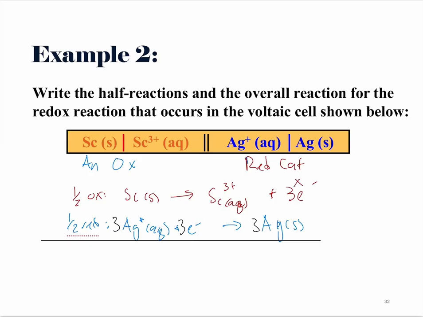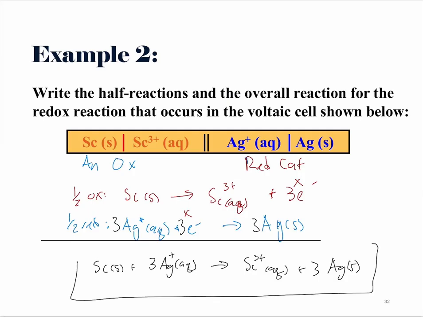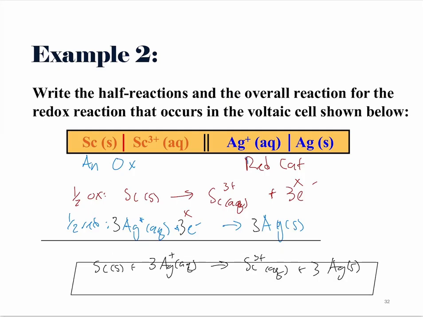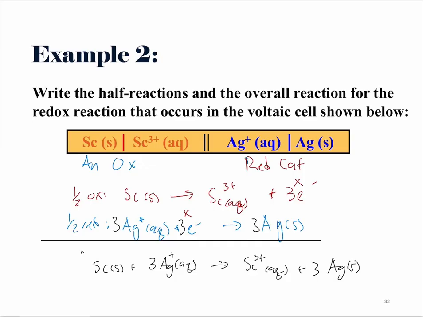So now this cancels out with that. And our net reaction is going to be scandium solid plus 3 Ag+ aqueous goes to scandium 3+ aqueous plus 3 Ag solid. So this would be our overall reaction for this electrochemical cell.